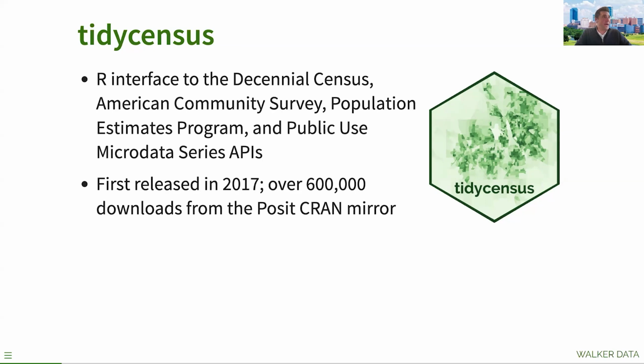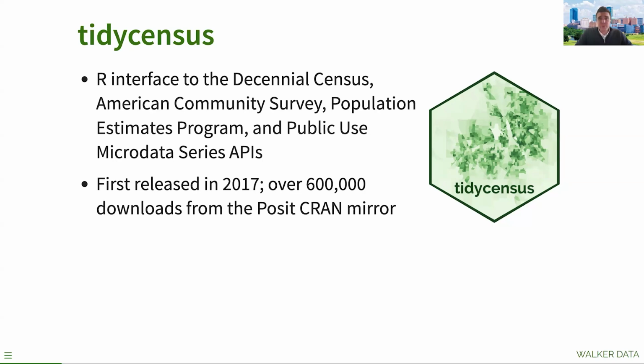Tidy Census is an R package that I've been maintaining for the last 8 years, and I first released it in 2017. It's an interface to the Decennial Census, the ACS, the Population Estimates Program, and the Public Use Microdata Series APIs. So it doesn't give you access to all of the data sets available from the Census Bureau, but it gives you access to what I believe are the most heavily used ones.